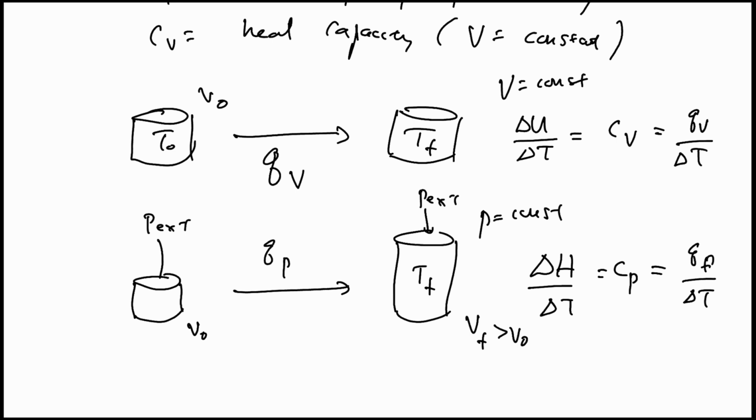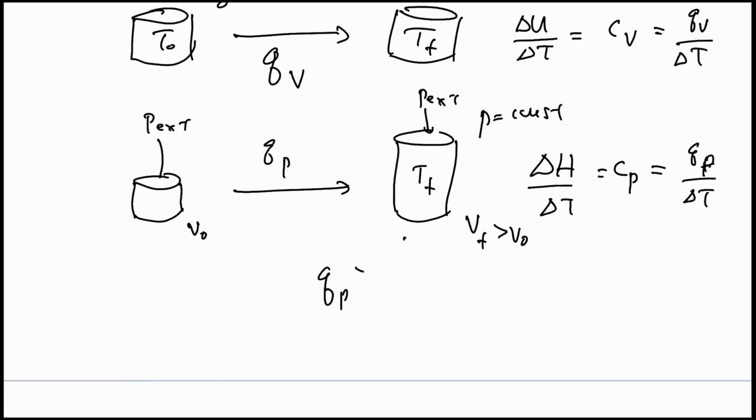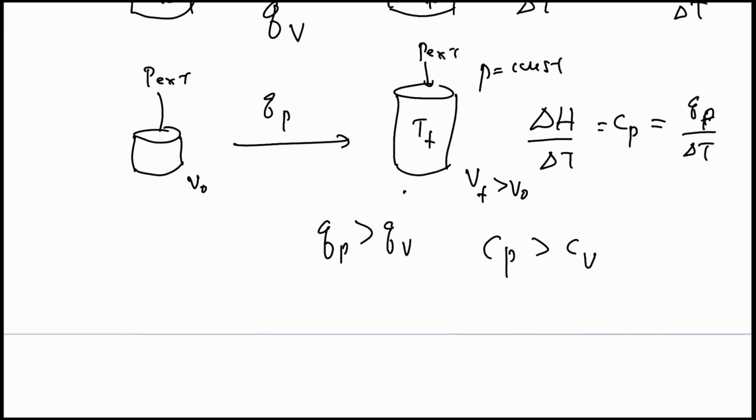But because of this tax, you need to add more heat to get this one to go up 1 degree, because some of it's lost expanding the gas, right? So this is P. So Q sub P is greater than Q sub V, and C sub P is greater than C sub V because of that tax. And let's work this out for an ideal gas.